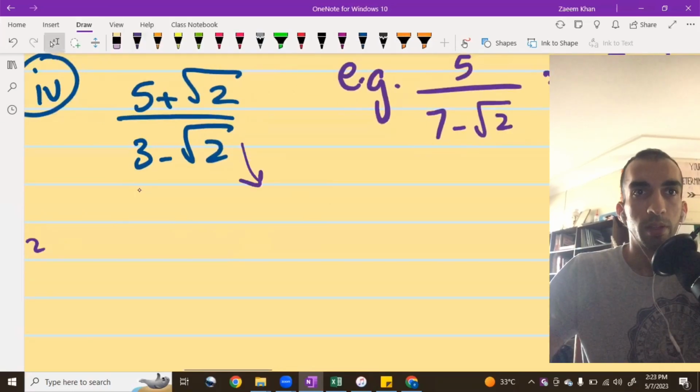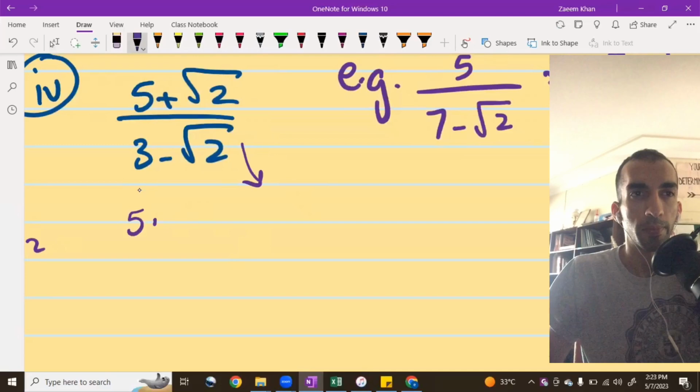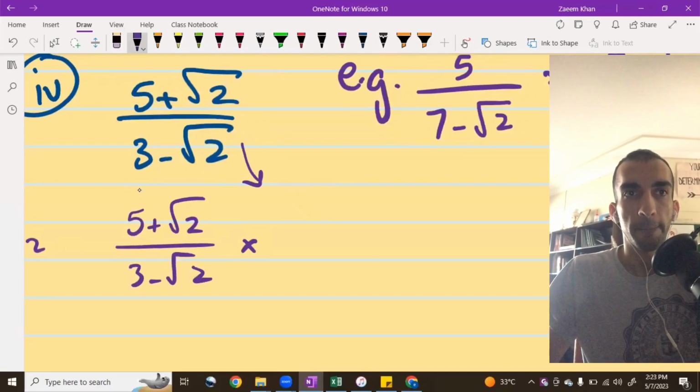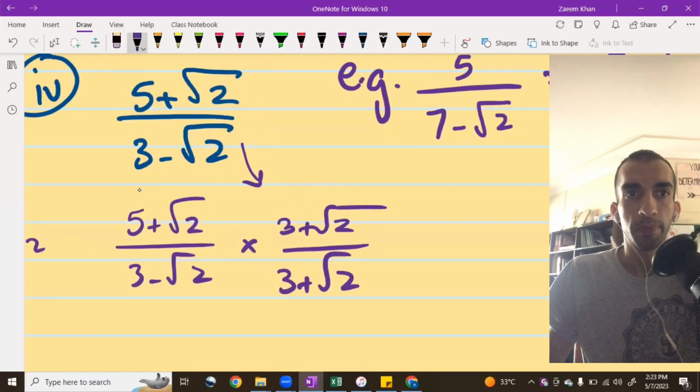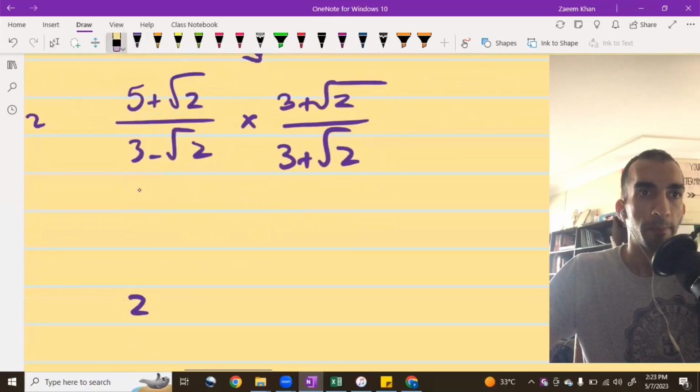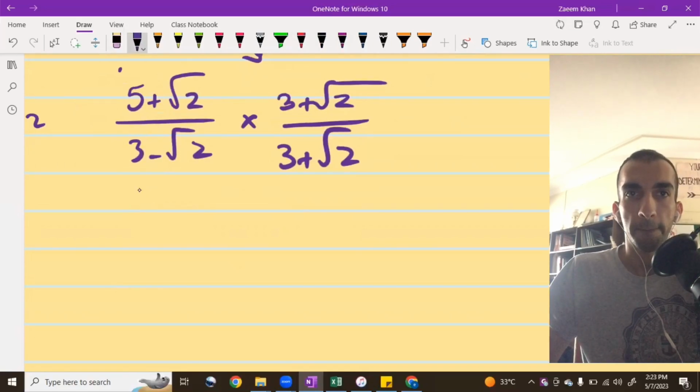So what should my next step be? You should times it by 3 plus square root 2. And same thing in the denominator? Yeah. Okay, what do I end up with?